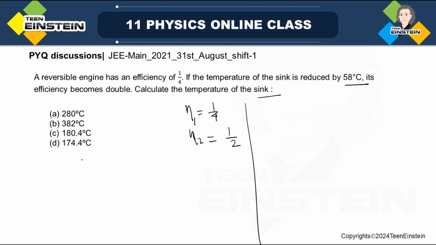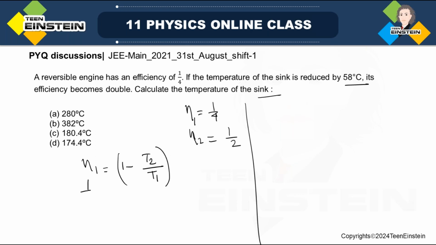See how I can do. See, eta 1 is equal to the efficiency formula I know in terms of temperature, which is written as 1 minus T2 divided by T1, where T1 is the temperature of the hot reservoir, the source, and T2 is the temperature of the cold reservoir, the sink.